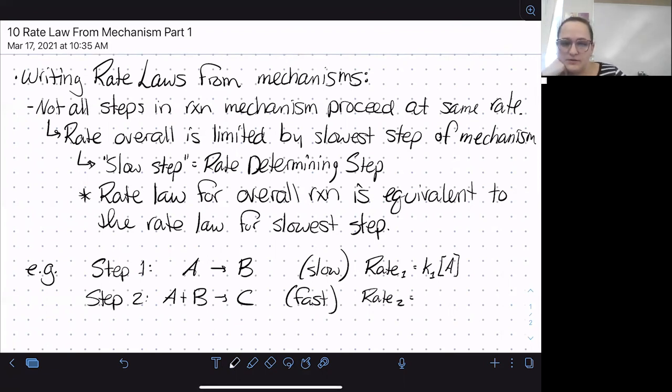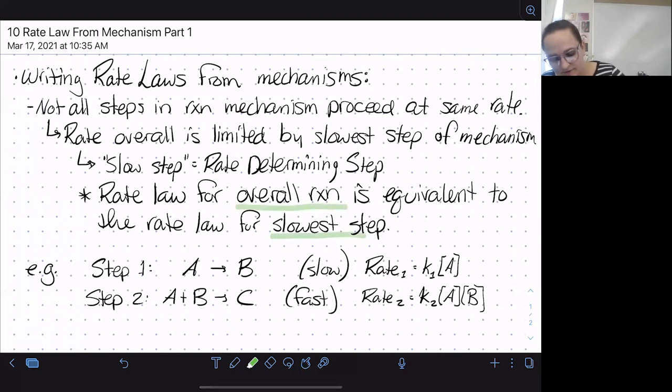For step 2, our rate law is going to be equal to a different value of k times A times B. So we can write the rate laws for each individual step. And our overall rate law is equivalent to the one for the slowest step. When the slow step is the first step, they're literally exactly the same.